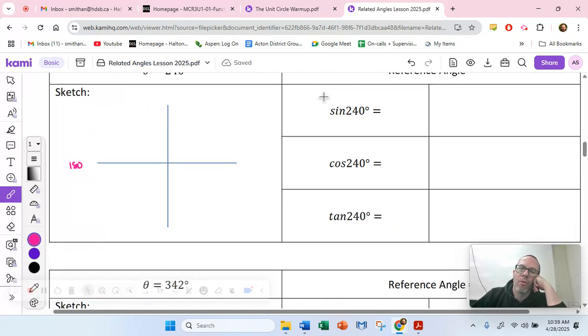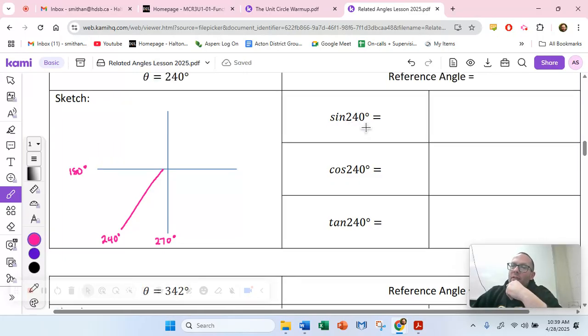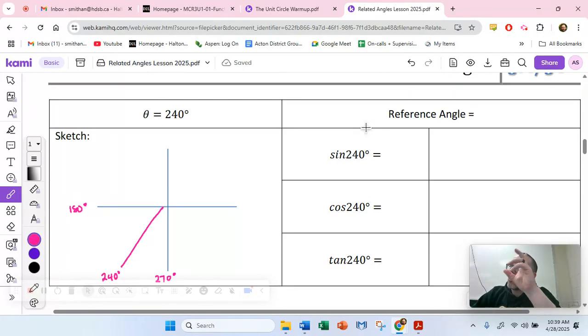240 is down here. The reference angle is not 30 degrees. I'm willing to bet a few of you have 30 degrees. It's not 30 degrees. I think I heard it. It's 60, because the reference angle is always the angle we make with the x-axis.